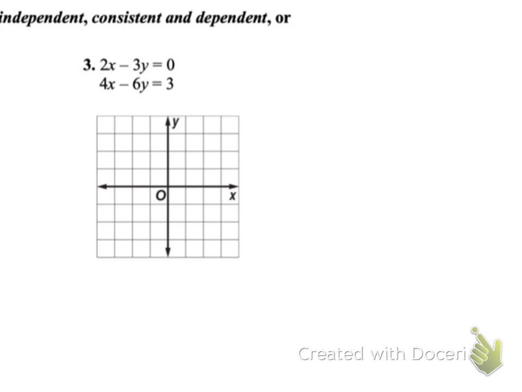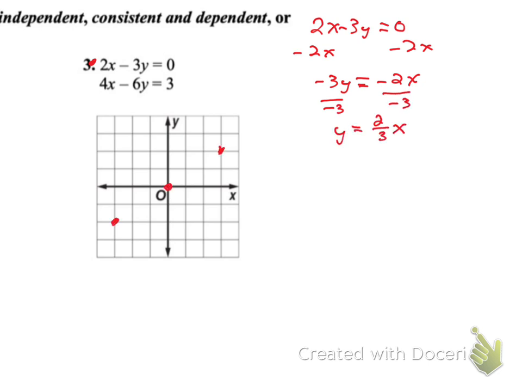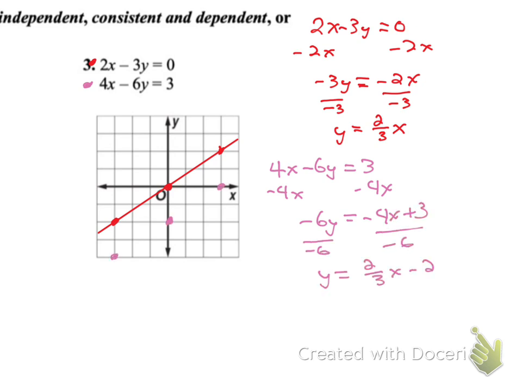We'll get through this one pretty quick. They're going to have the same slope and different y-intercepts. Go ahead and write that down, but I don't want to spend too much time on this.